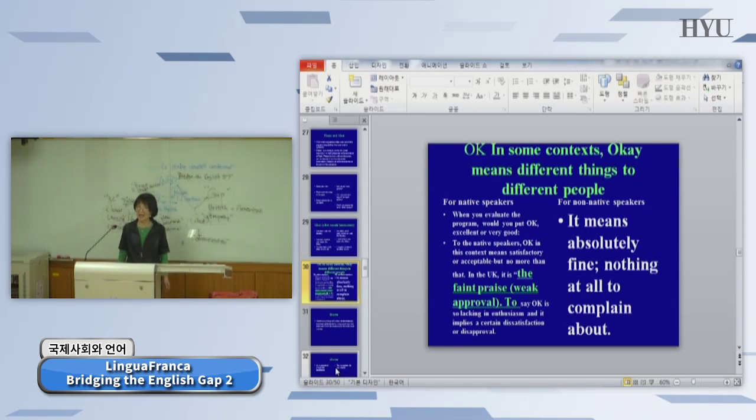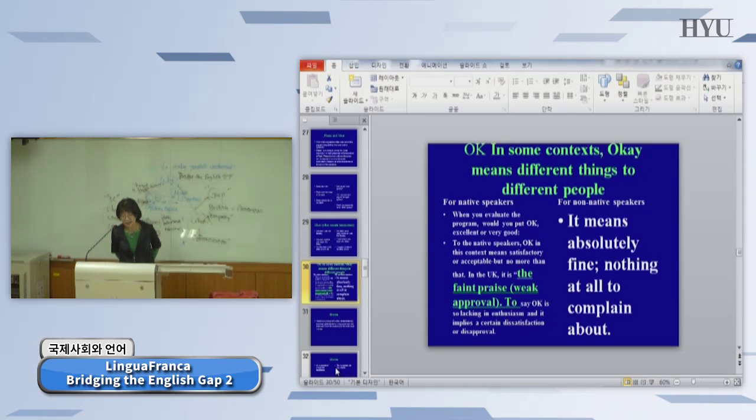So also, okay. We have talked about how okay comes from some African words. Then in some contexts, okay means different things to different people. This is an interesting comparison. For native speakers, when you evaluate the program, would you say okay, excellent, or very good?